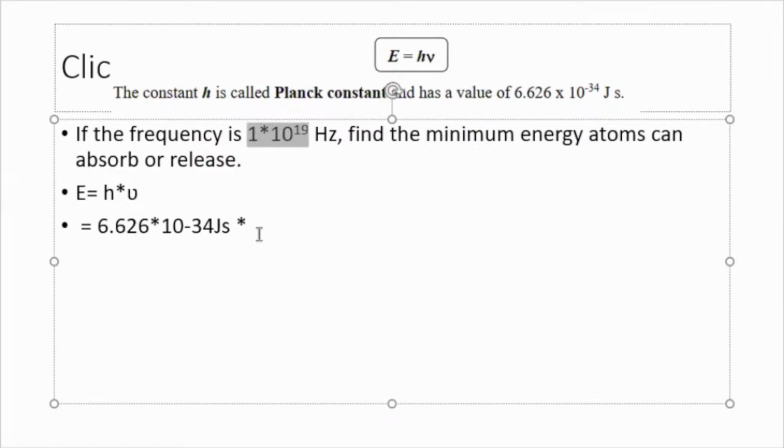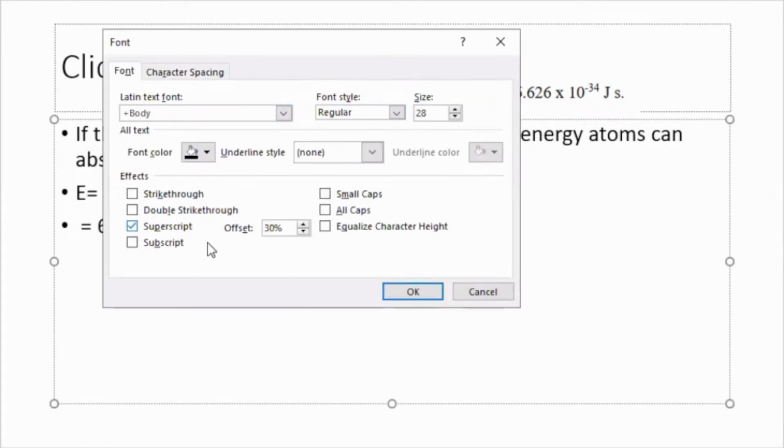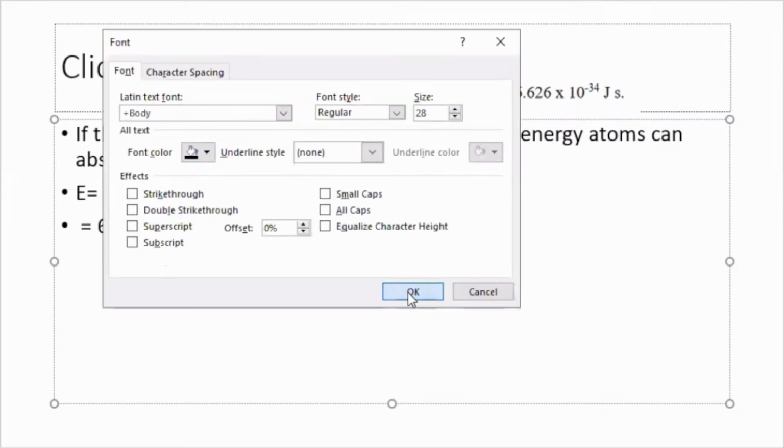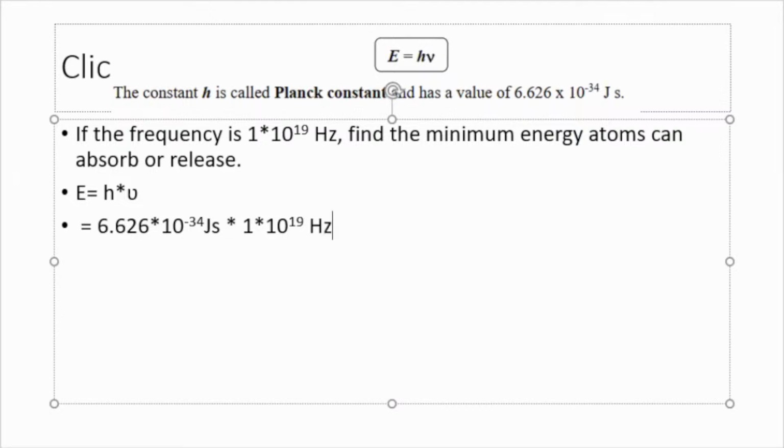Then this is the value. The final value came as the answer: 34 minus 19, minus 15.